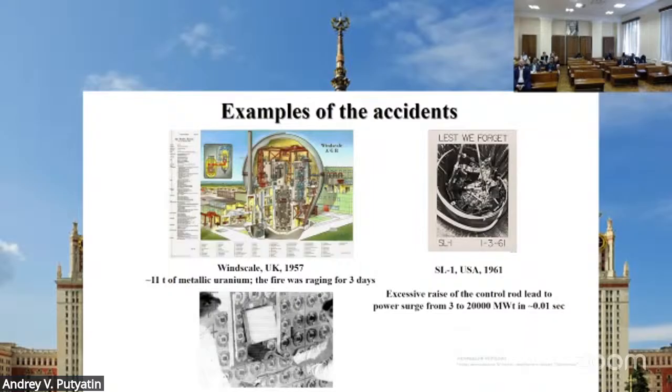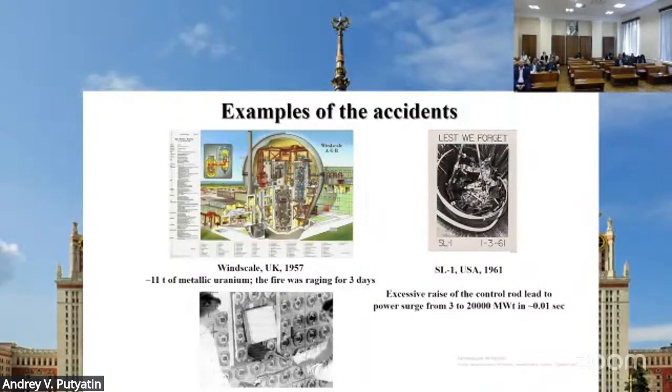A very important accident with quite serious consequences was a small reactor, SL-1, in the United States in 1961. This is a former reactor core, and actually it was a so-called reactivity-induced accident. We will speak about them later. Just to understand what has happened: one of the operators started to raise one of the control rods manually.